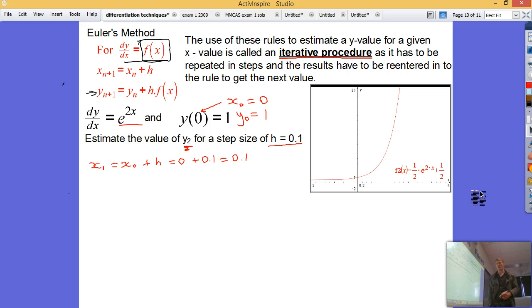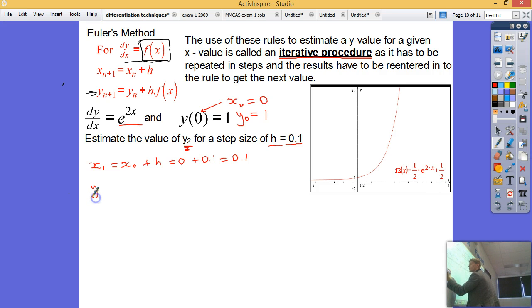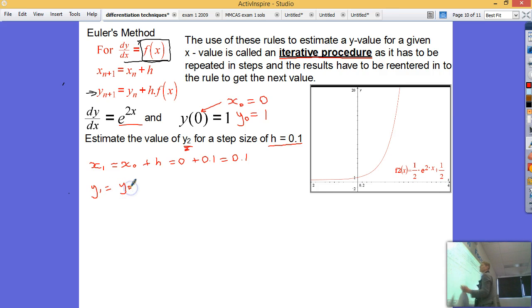To find the corresponding y1 value for that x1 value, using the rule, y1 is equal to y0 plus h of f at x0, where remember our f of x is given by the derivative dy/dx, that's our e to the 2x. So y0 is 1 plus 0.1 of e to the 2 times 0. Now e to the 0 gives you a value of 1, so I'll have 1 plus 0.1 gives me 1.1.